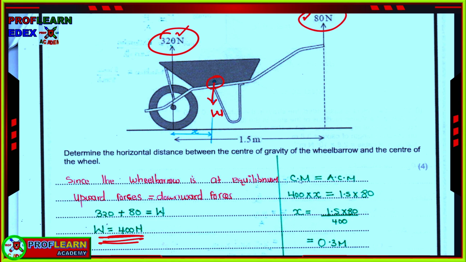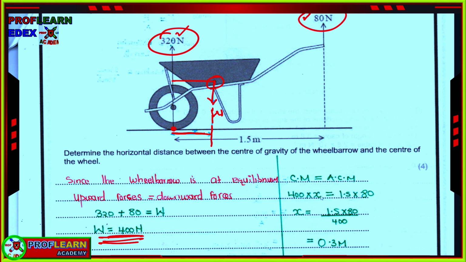Then we're going to use the principle of moment. Remember, principle of moment states that at equilibrium, the sum of clockwise moments equals the sum of anti-clockwise moments. Remember, all the distances must be measured from the line of action of the force to the pivot. The perpendicular distance from where the weight is acting to the pivot is x.